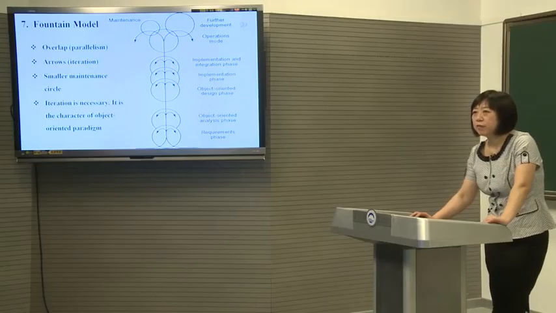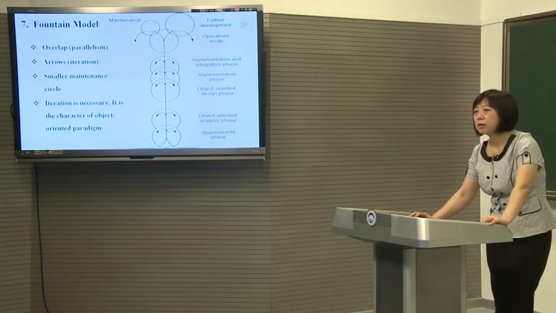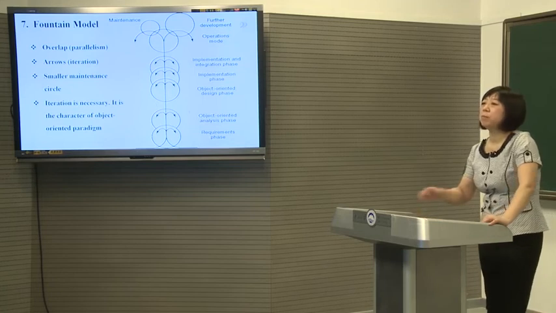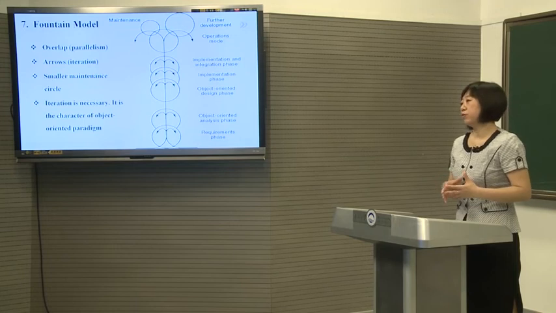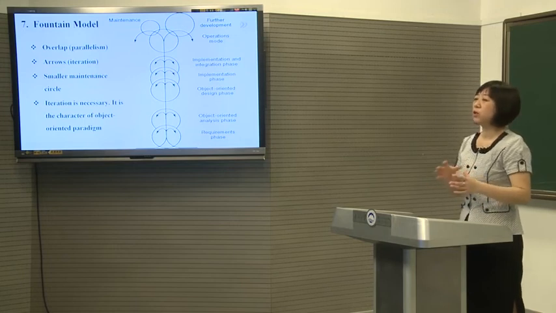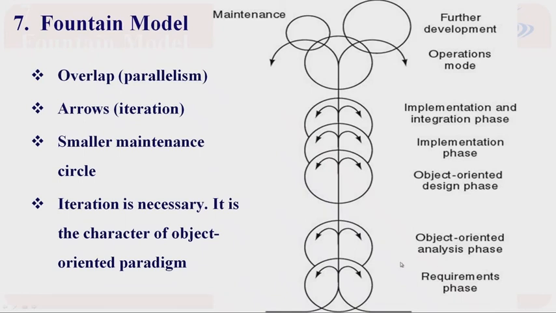Maintenance phase. We find that maintenance is just a small circle. That means using this model, the target software will be more satisfactory, and then less maintenance will be needed. So that's why the circle is smaller. This model is also called the object-oriented software lifecycle.